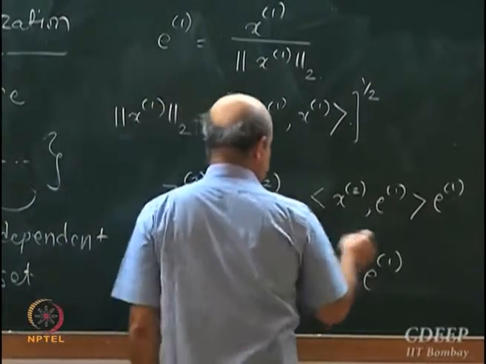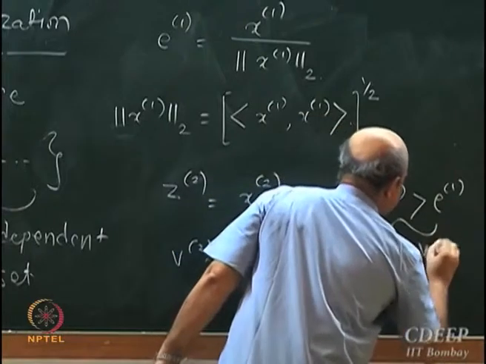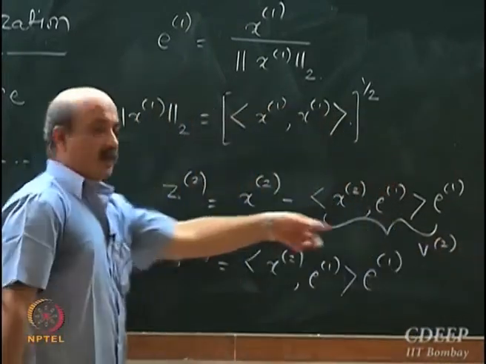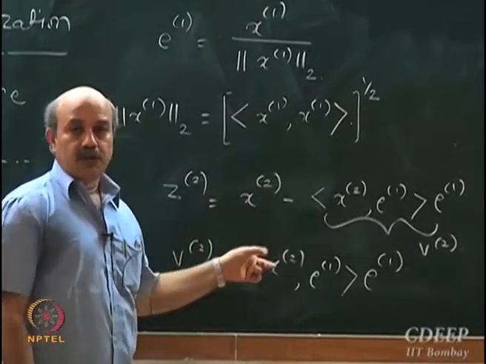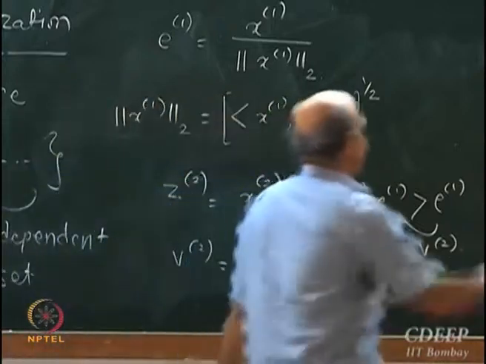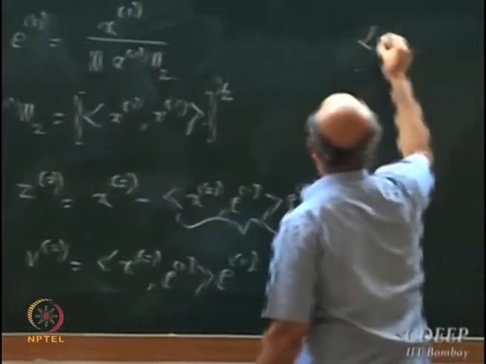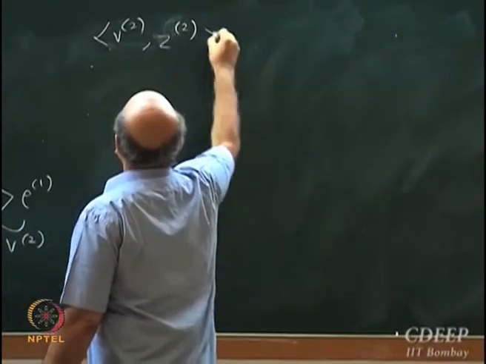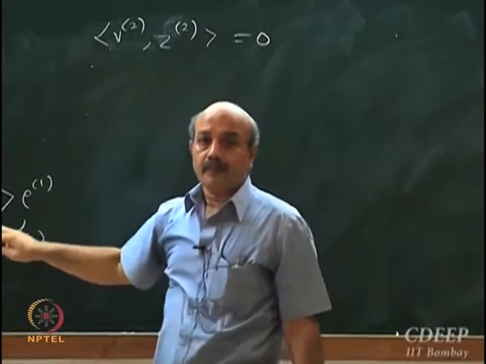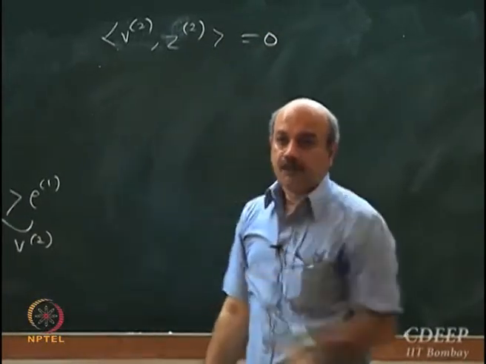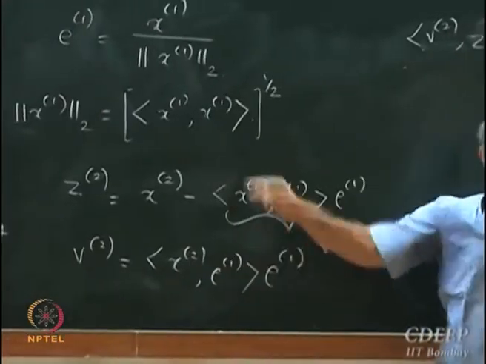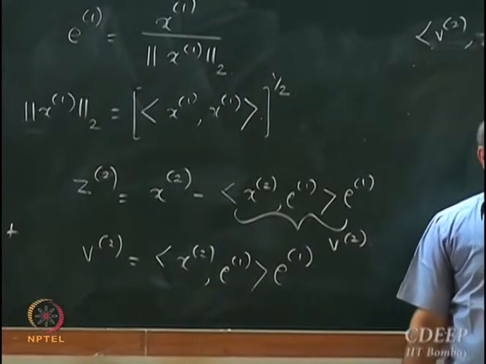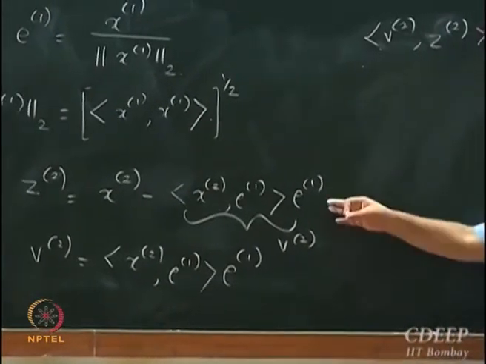This is what I am calling v2, x2 minus v2 and v2. I am decomposing the vector x2 into two orthogonal components. It's very easy to check that the inner product of v2 and z2 is equal to 0. Just substitute and find out, you will get the inner product to be 0. Not at all difficult. These two are orthogonal components.